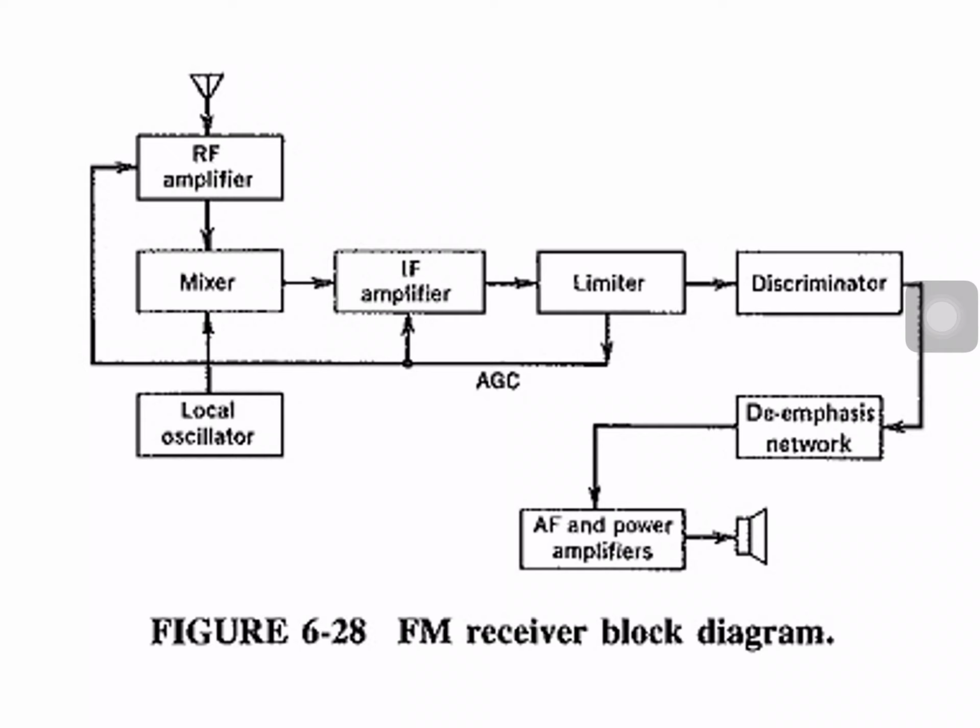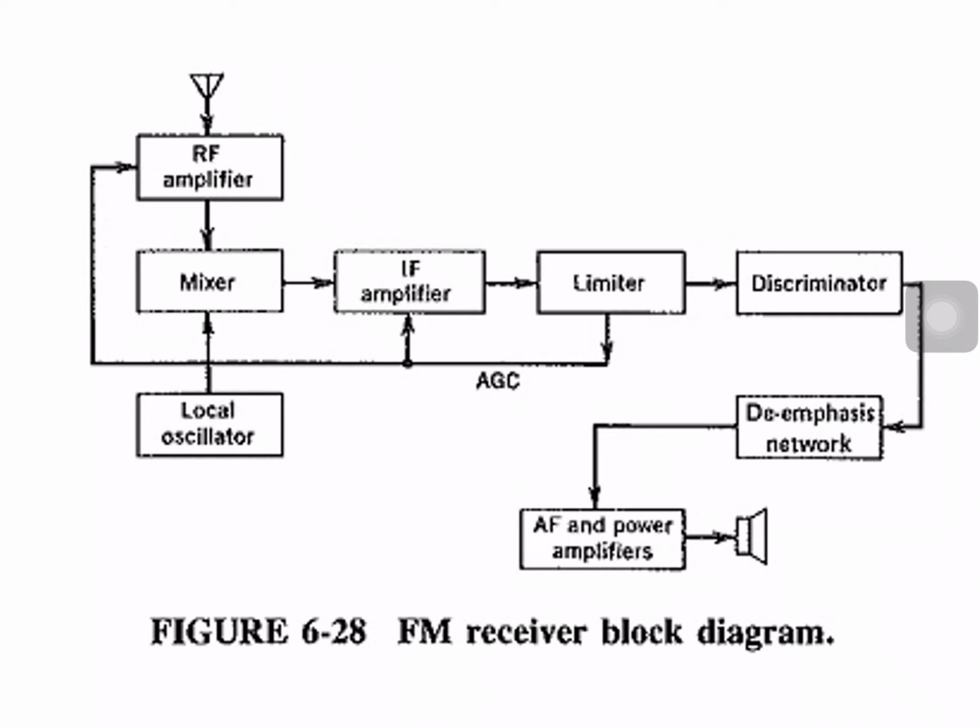Now the FM receiver is also a super heterodyne receiver, and the FM receiver block diagram shown in figure 6.28 here shows just how similar it is to an AM receiver. The basic differences here are as follows.